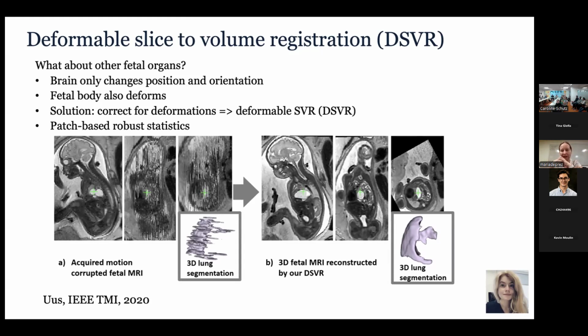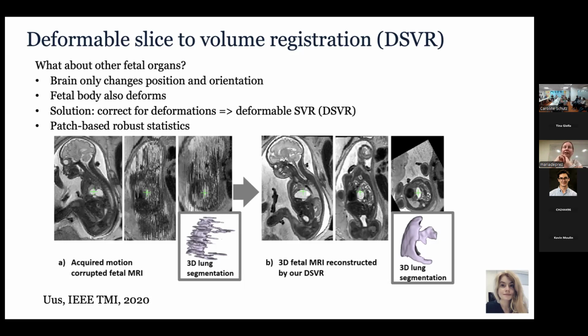And you can see here a good case of what we are able to achieve in 3D. So we can reconstruct the fetal body, but sometimes if there is not too much motion, you can even reconstruct the whole uterus with it, as is, just with the same software.